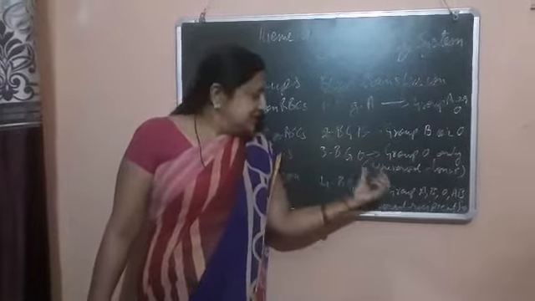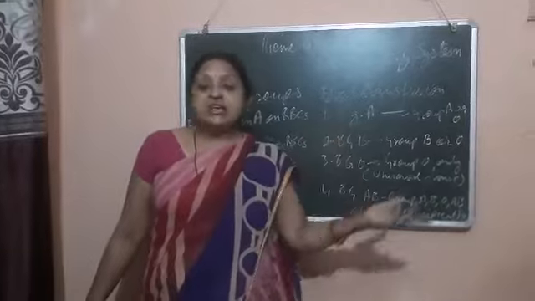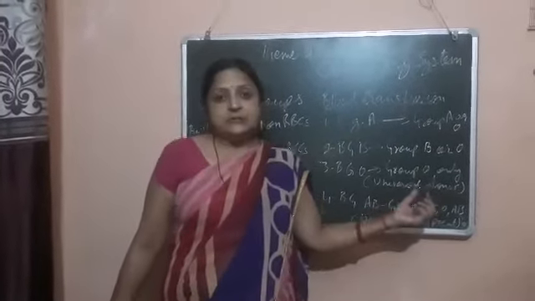But blood group O, because of the absence of antigens, can donate blood to all the groups, so it is called the universal donor.